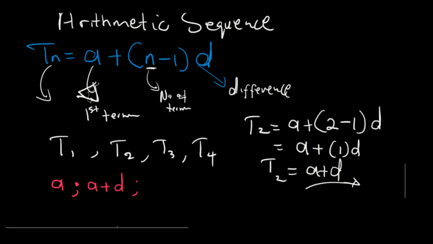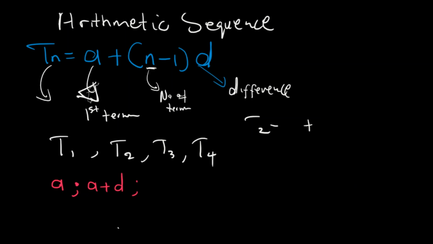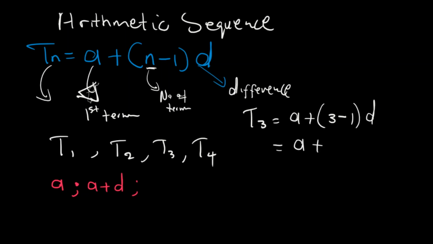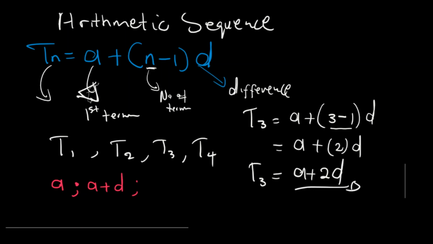And then term number 3, let me erase this. Term number 3, we're going to say T3 is equals to a plus, where there's n, we put 3, so it's going to be (3 minus 1) multiplied by d, so it's going to be a plus 3 minus 1 is 2, right? So it's going to be 2 multiplied by d. So term number 3 is equals to a plus 2d. So I'm going to write it here, a plus 2d.